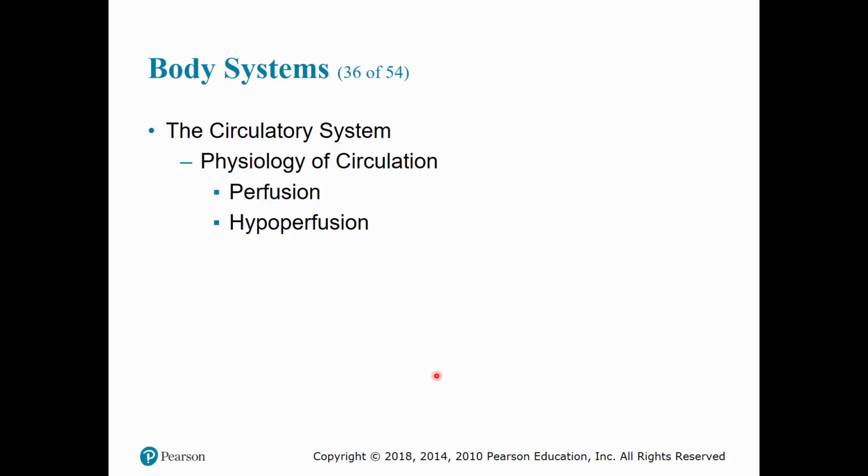When there's an insufficient supply of oxygen or nutrients due to some reason, such as not enough fluid, malnutrition, whatever, this is when you have hypoperfusion or shock, because now we have an inadequate elimination of carbon dioxide and other wastes resulting from that inadequate circulation of blood. When this happens for a period of time, this can cause a depression of vital processes of the body and areas of the body beginning to shut down.